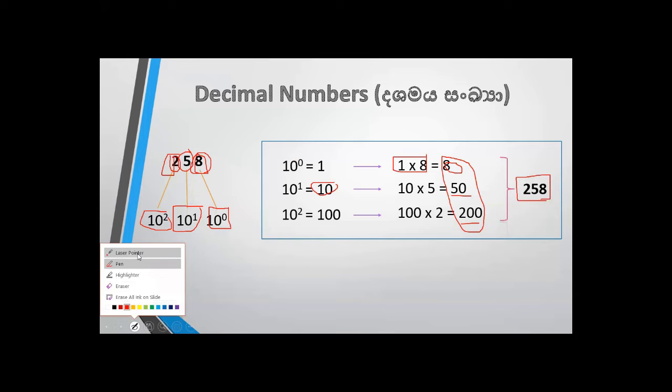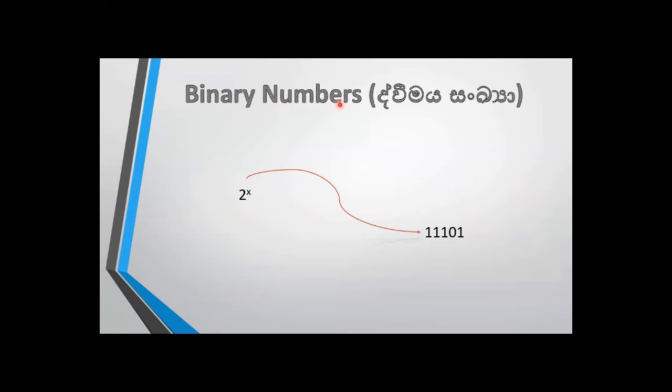Next, let's move to the next numbering system, which is the binary numbers. Binary numbers are mostly used for electronic signaling in computing, mostly electronic signaling and communication.